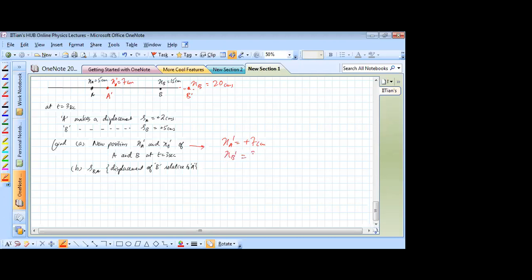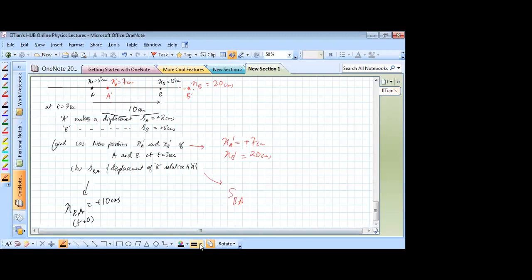Now you can see the displacement of B with respect to A. See in the first diagram, how far was B from A? It was this. The distance between them was 10 centimeters. So the position of B with respect to A at t equal to 0 was plus 10 centimeters.